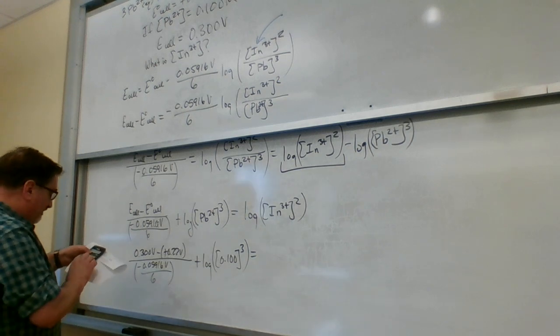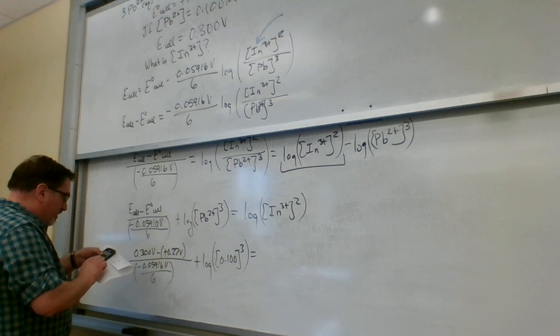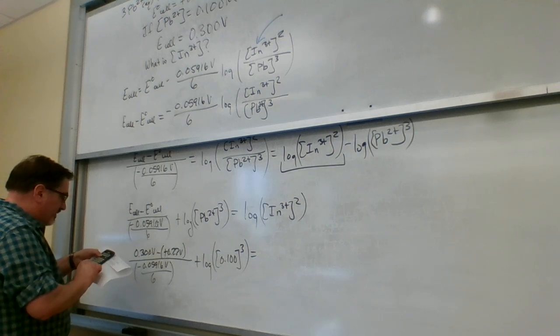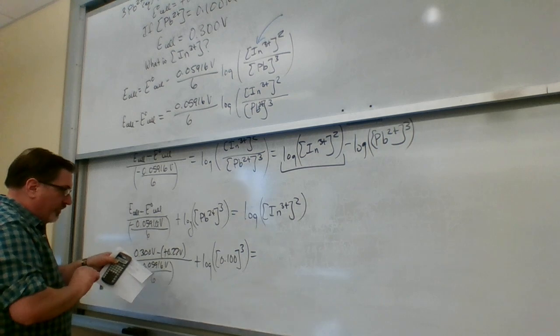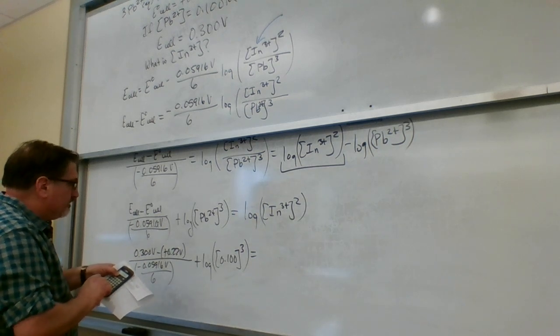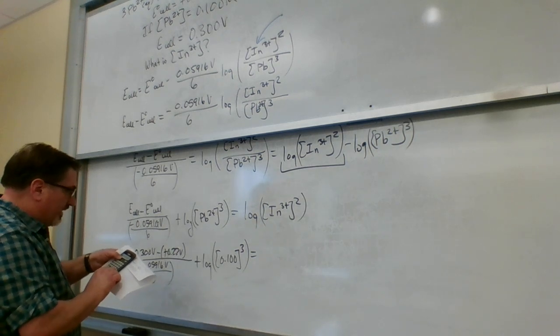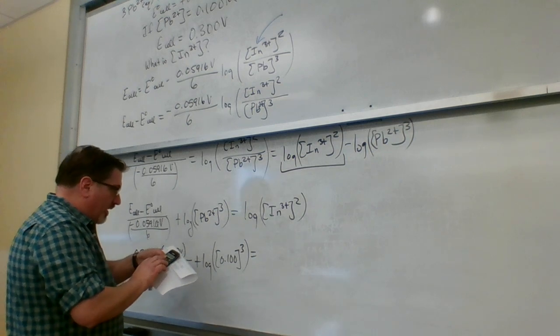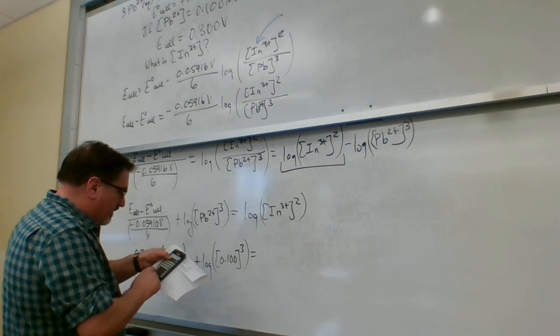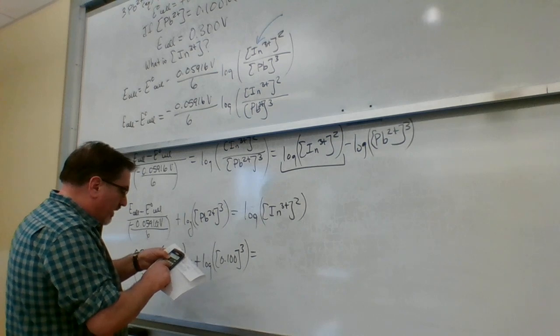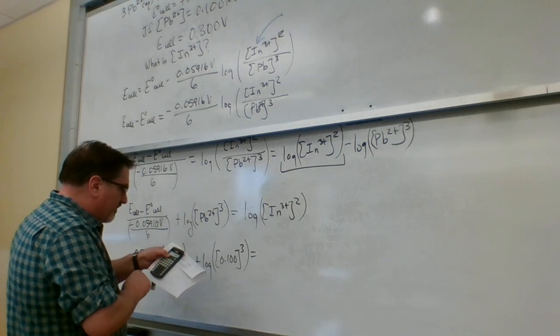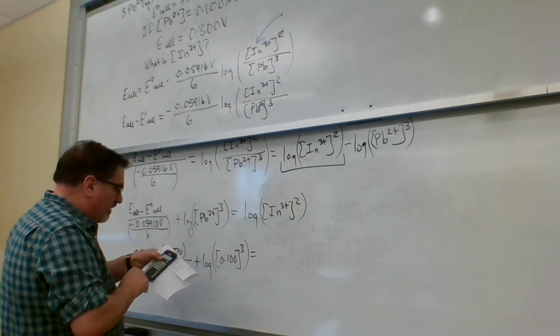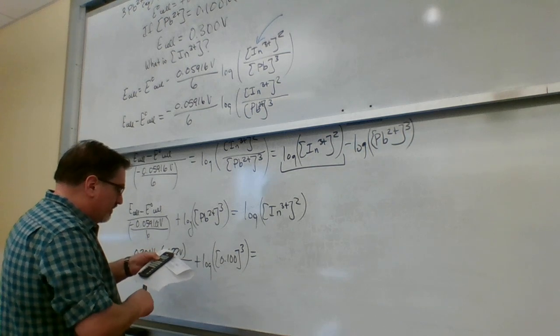One more time, 0.3 minus 0.22 divided by the quantity 0.05916, flip the sign, divided by 6, close parentheses, equals minus 8.11. Plus the quantity, so open a set of parentheses, 0.1 y to the x, 3 for third power, close your parentheses, hit your log, equals.